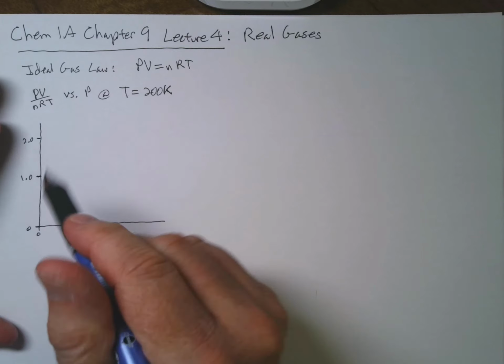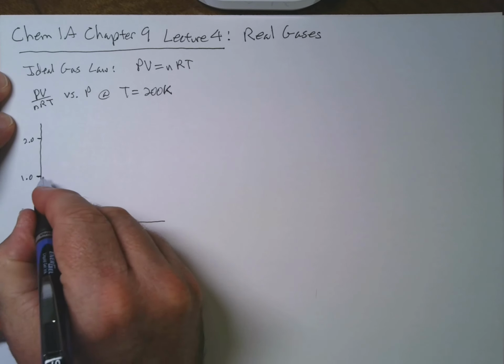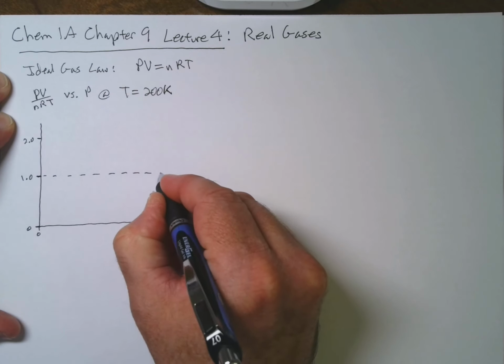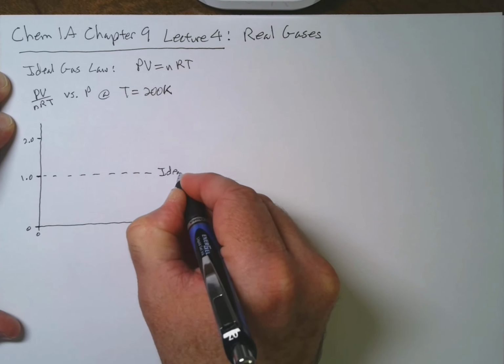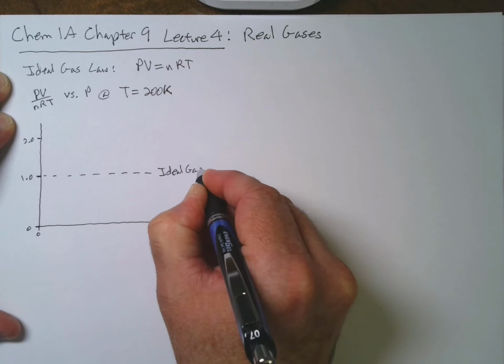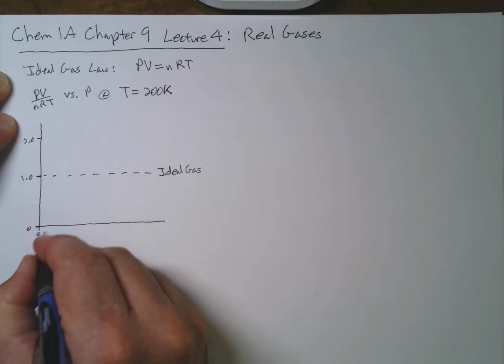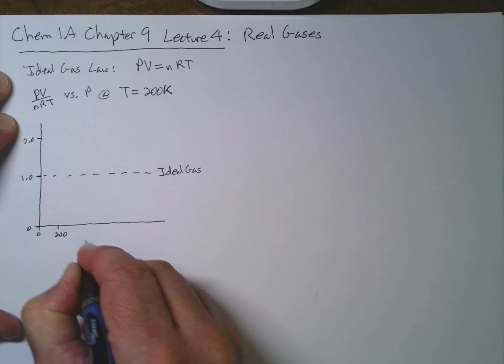So this number should equal 1. So an ideal gas should have PV over nRT equal to 1 at all pressures.